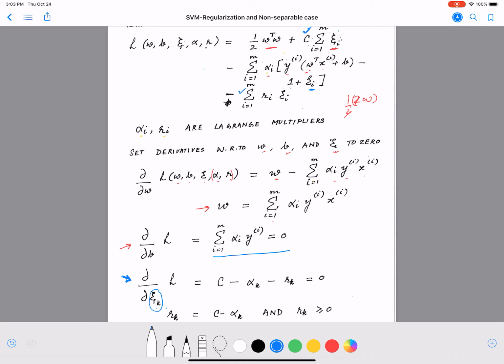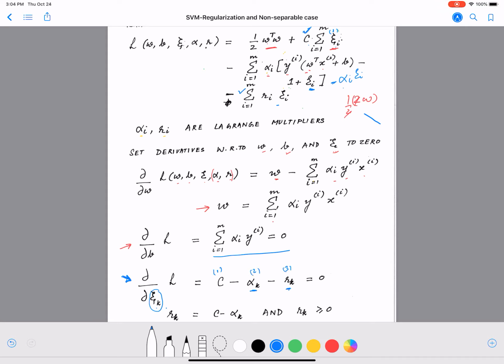So for the first term we get c, and for the second term, alpha I psi I, we get alpha I or alpha k, because we are considering psi k, minus alpha k. And then we get minus rk in the third term, right?